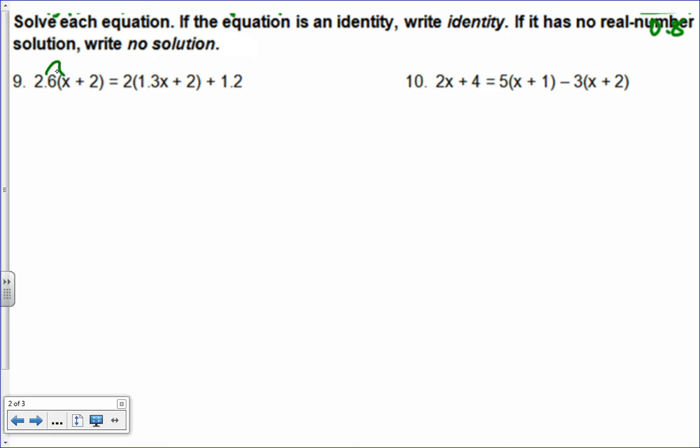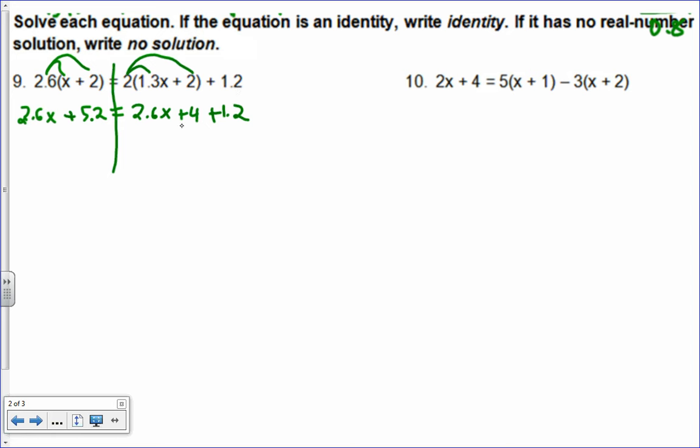So this one right here, distribute the 2.6 to both of those and distribute the 2 to both of these in here. These are still our two sides. So it's going to be 2.6x plus, that's 5.2, equals 2.6x over here plus 4 plus 1.2.